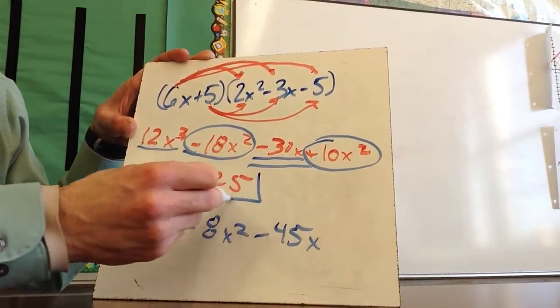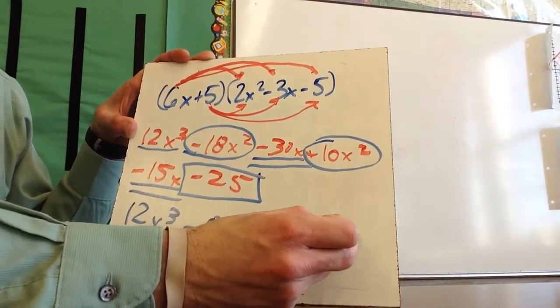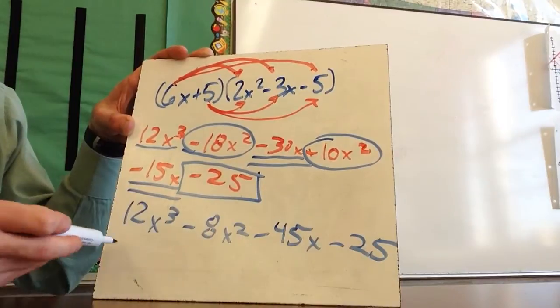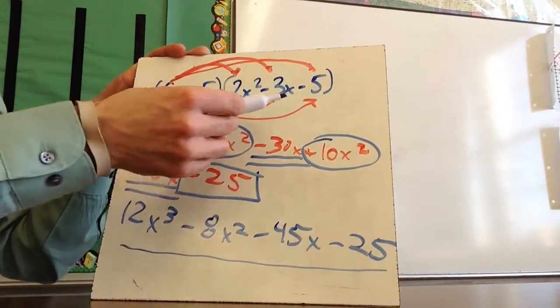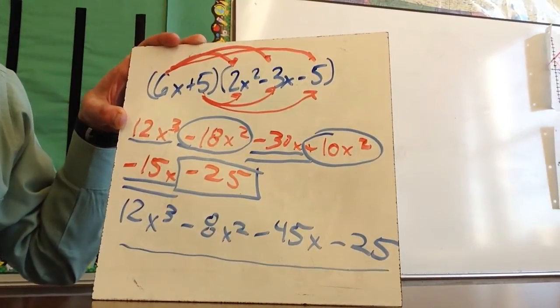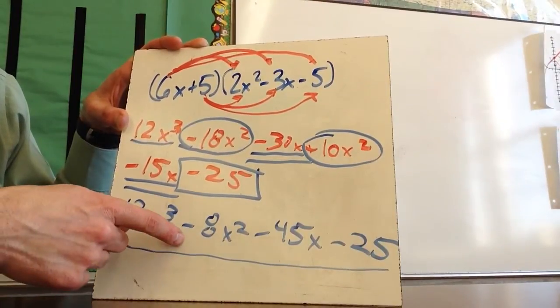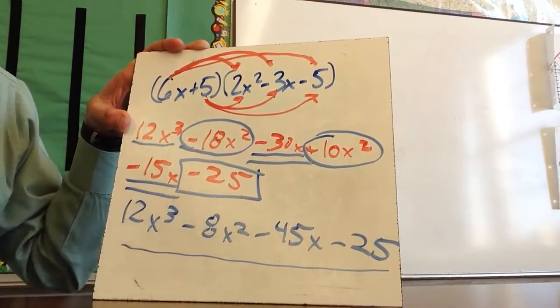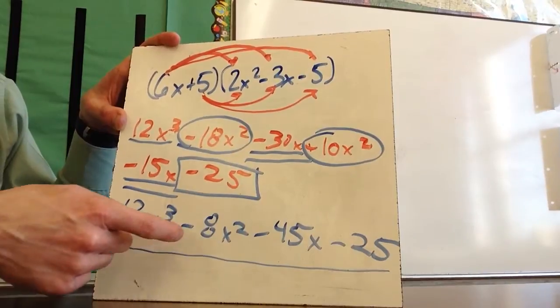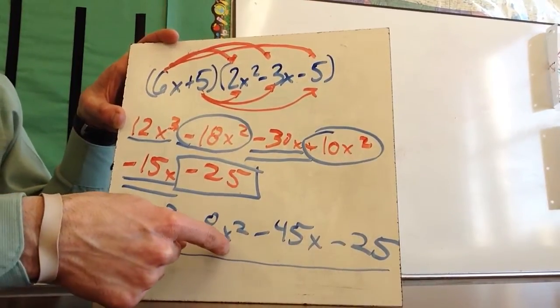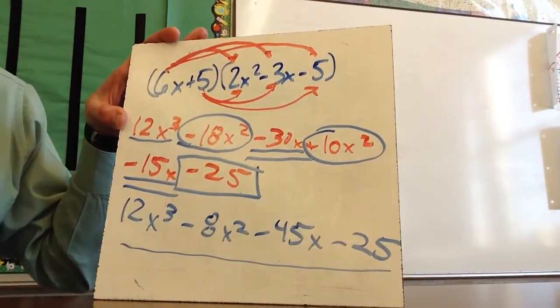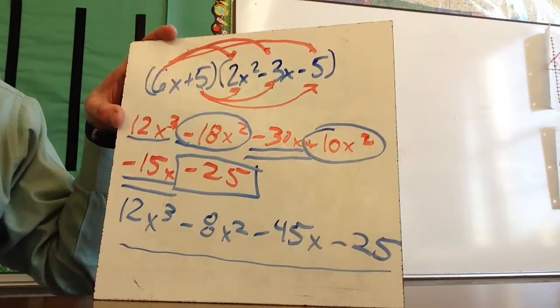And then finally I'm going to subtract the 25, and so this would be my final answer when I multiply this binomial times the trinomial: 12x cubed minus 8x squared minus 45x minus 25. Make sure you don't start trying to combine these because x cubed, x squared, x, and the negative 25 are not the same. They cannot be combined.